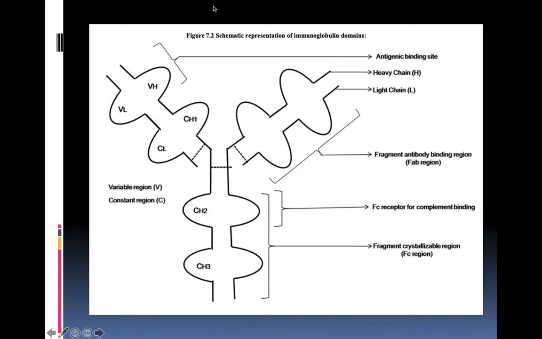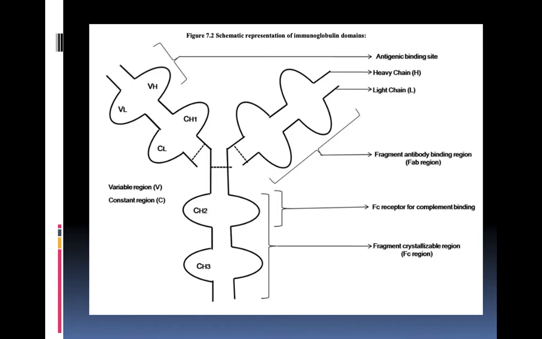Both heavy and light chains are composed of the immunoglobulin domain, and you probably encountered this in your biochemistry already. The immunoglobulin domain is more 3D compared to other conformations of proteins.